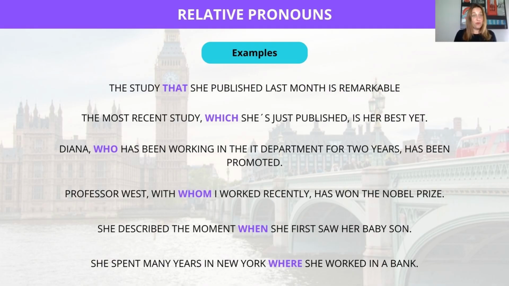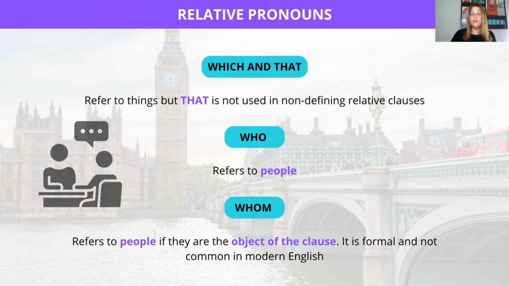Number 4, Professor West, with whom I worked recently, has won the Nobel Prize. Do you remember whom? Whom refers to people if they are the object of the clause. So that's why we are talking now about the object of the clause.